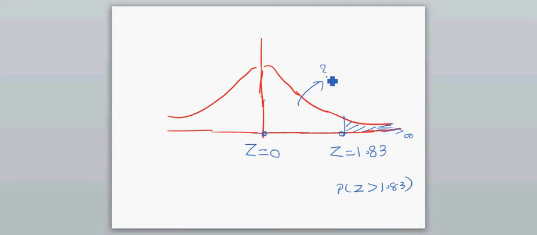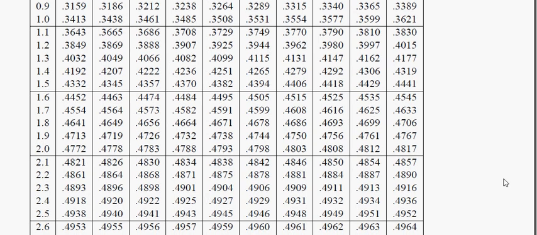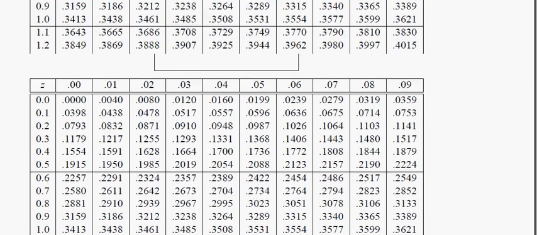But how do you get this area to remove? This is nothing but the area from 0 to 1.83. Go to the normal distribution table and see what is the area from 0 to 1.83. See the normal distribution table we have. Here we have 1.8, and the second digit you have to see column-wise.